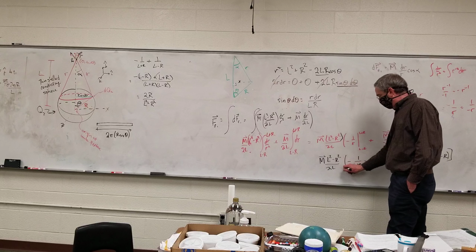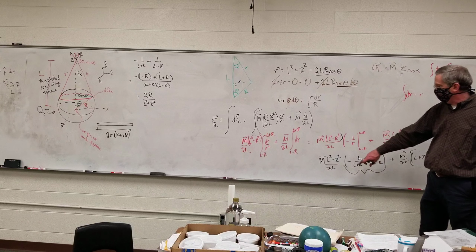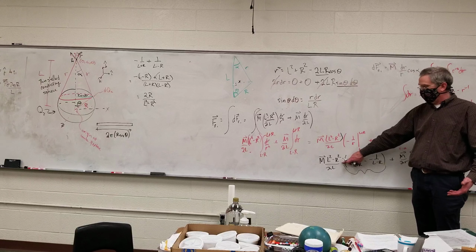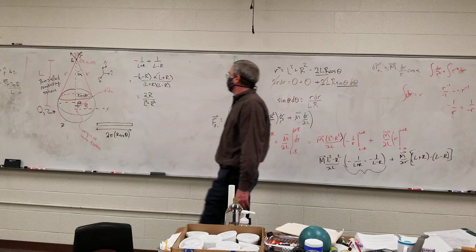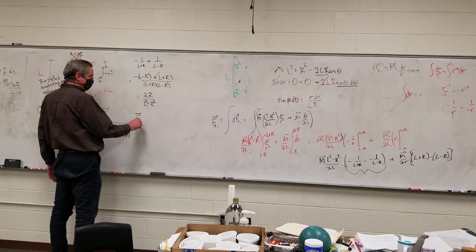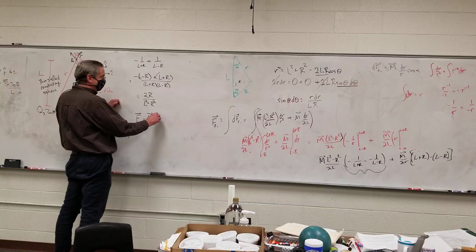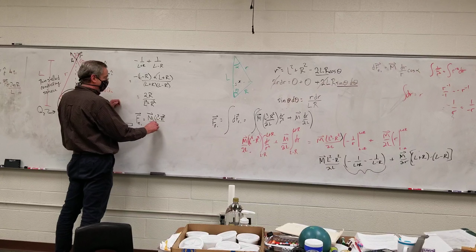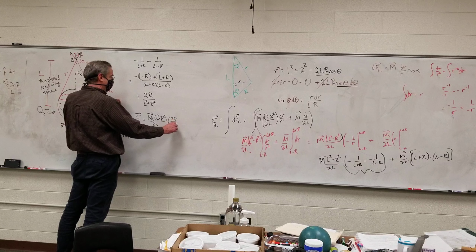So what I've just done is this piece right here. If we multiply times that, L squared minus big R squared cancel out. That's convenient. So the electric force on that charge 1 becomes M (L squared minus big R squared) over 2L times 2R over (L squared minus big R squared).